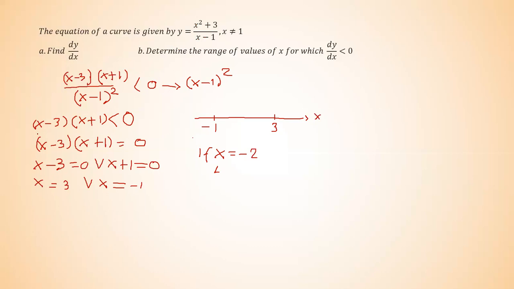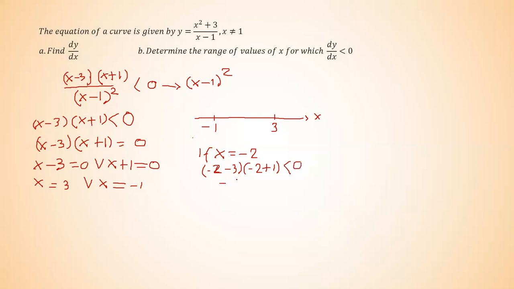So (negative 2 minus 3) times (negative 2 plus 1) less than 0.